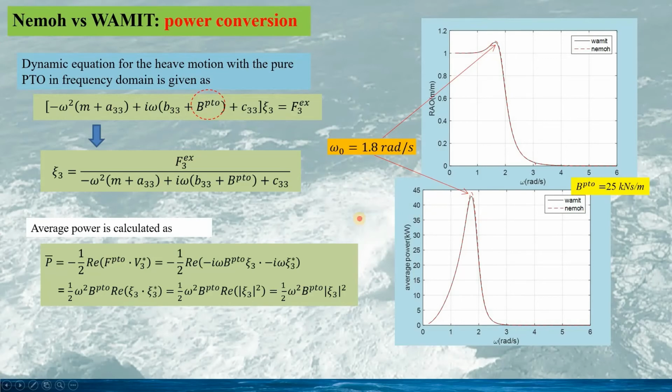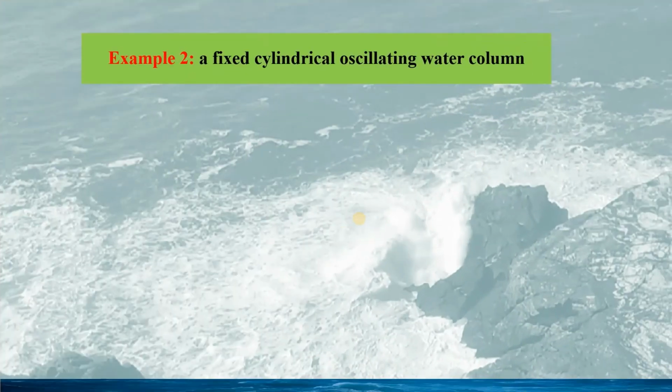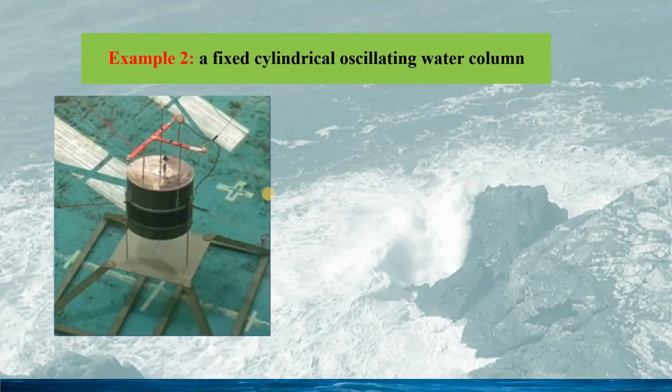The second example is a fixed oscillating water column wave energy converter. This is a cylindrical OWC, which is especially designed for studying OWC wave energy converters. This OWC is fixed on a fan which sits on the tank floor.